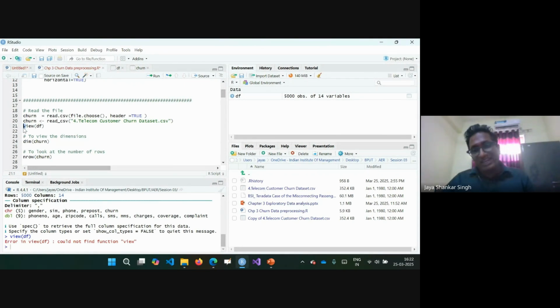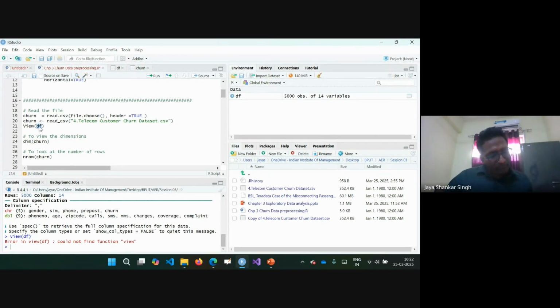All function names are case sensitive. So the view command works with a capital V only, a View function. So what I'm doing here, again, I'm calling the function View, and I'm passing the data file as an argument.